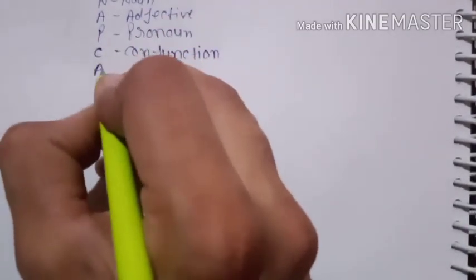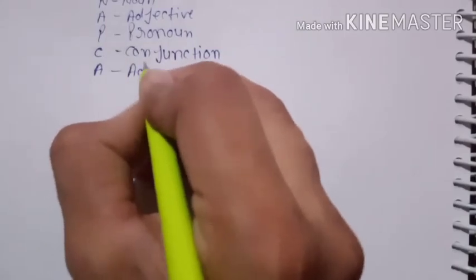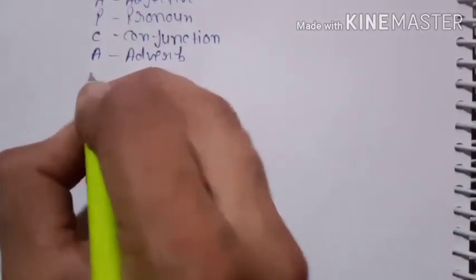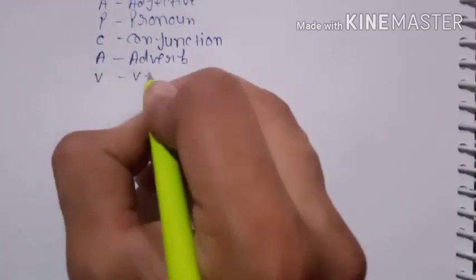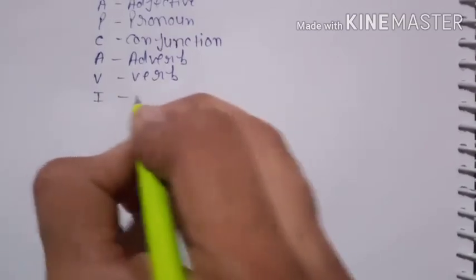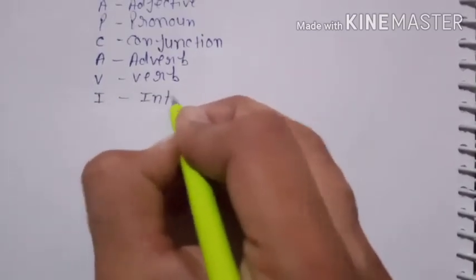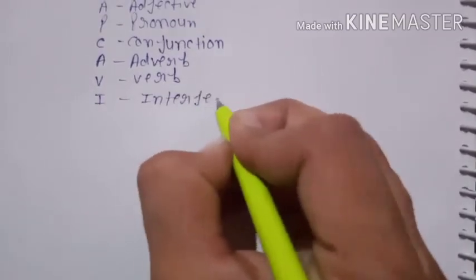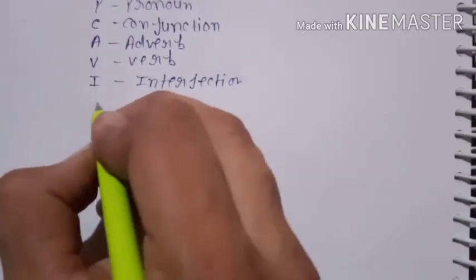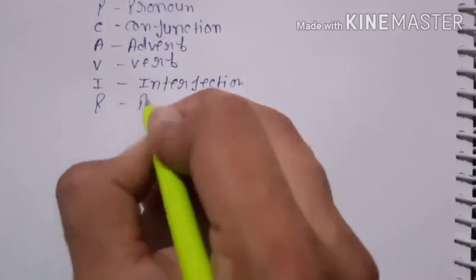A stands for adverb. V stands for verb. I for interjection, and P stands for preposition.